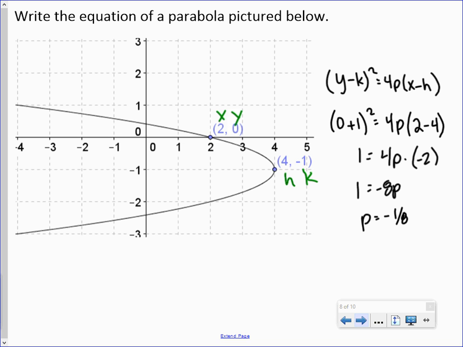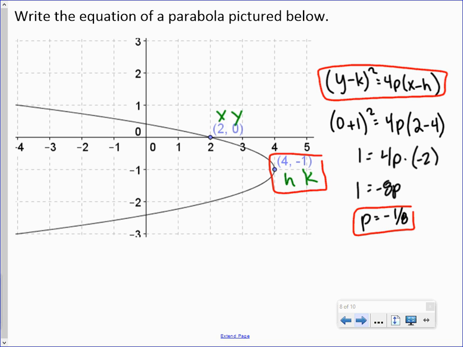Okay. And did the p value come out like I thought it would, negative? Yeah. Is that okay that p is a fraction? Sure, no big deal. So then to write the equation, remember the equation is not just p equals -1/8. You take your p, you take your h and k, and you plug it back in so that x and y are variables.